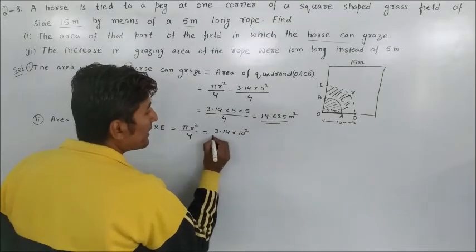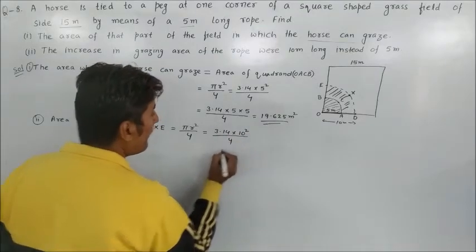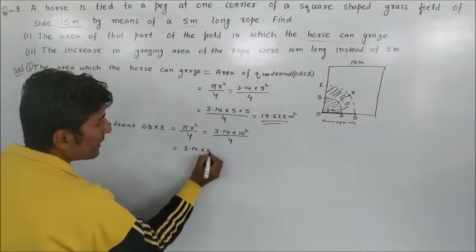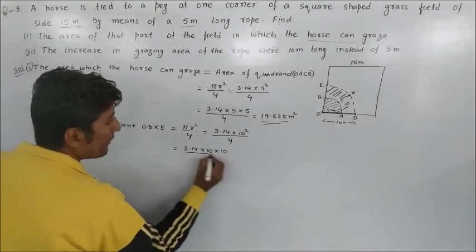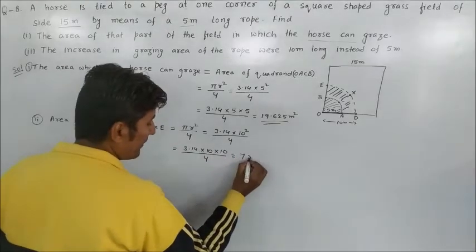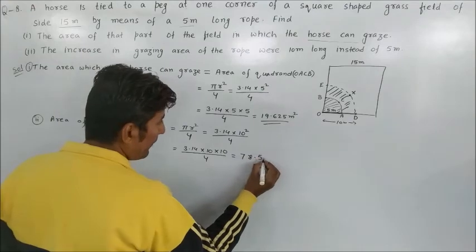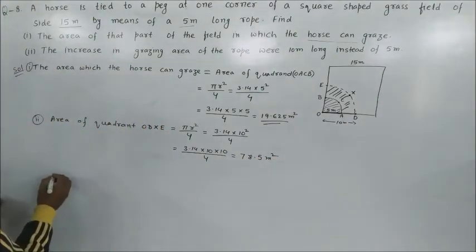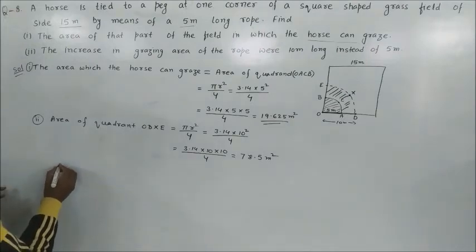So we can write 10 whole square divided by 4. 3.14 into 10 into 10 divided by 4. After solving this one, we will have 78.5 meter square.